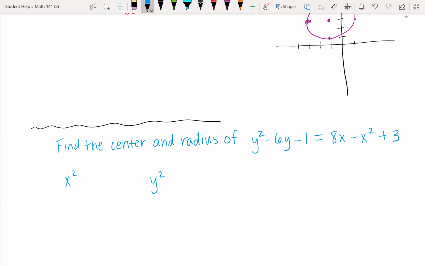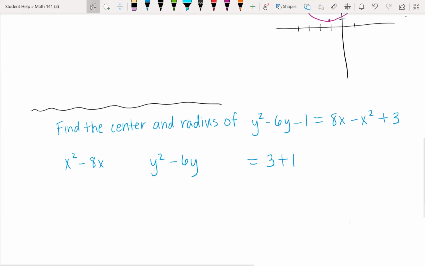This will be minus 8x, and negative 6y will stay here. And on the right hand side, I'm going to have 3 and then plus 1. Let me just double check. Okay, that looks good.